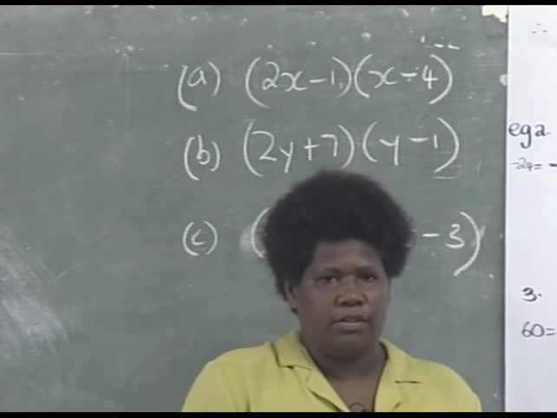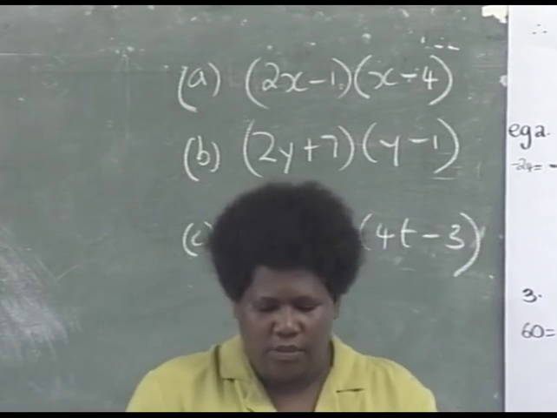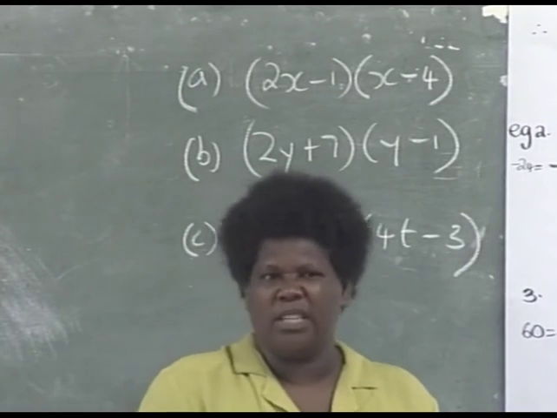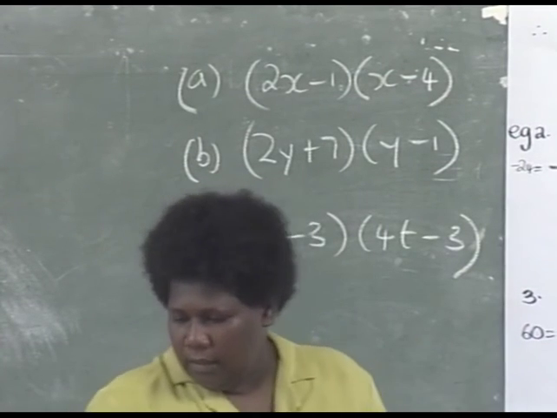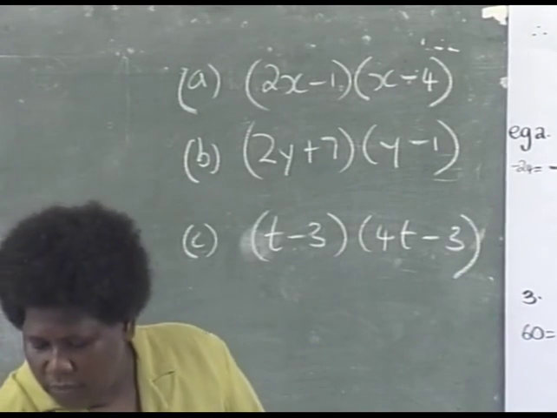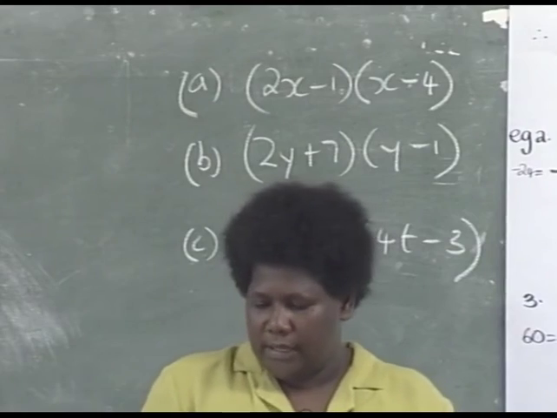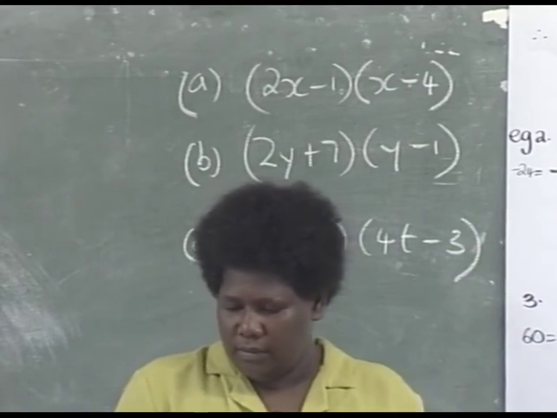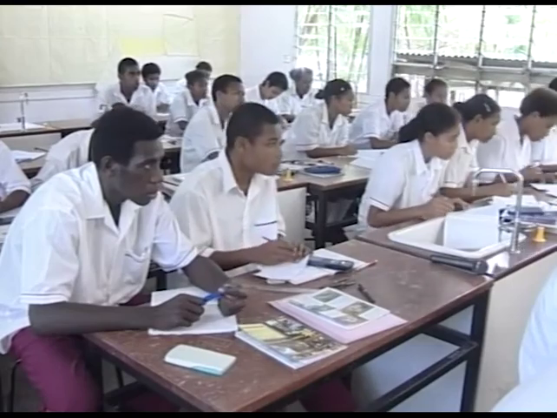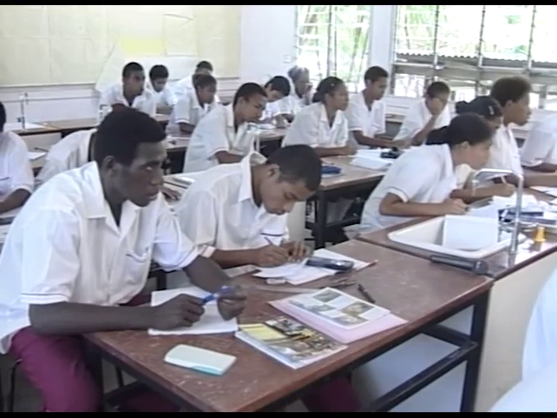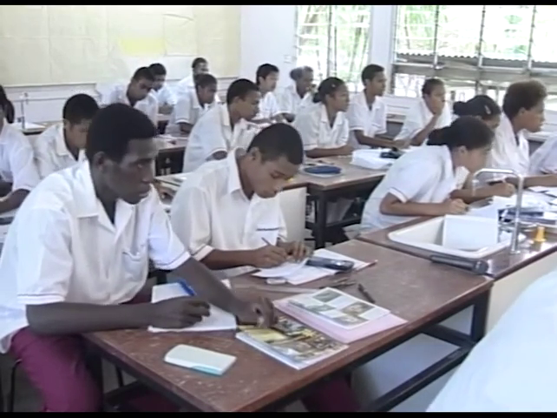The thing about the cross method is that it uses trial and error somewhere. That's why I can't use it. Okay, you're going to do letter D and E since you have no question. Maybe just do letter D first so you have less homework to do.